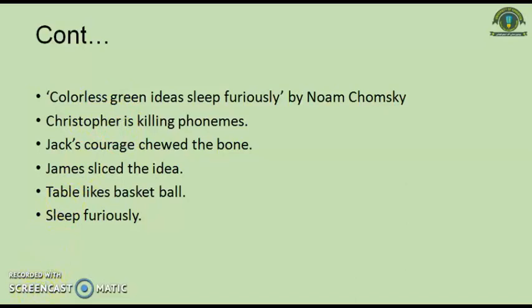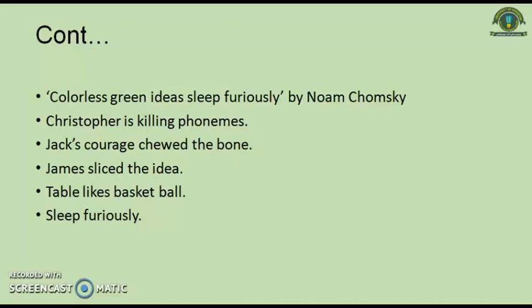In the second example, "Christopher is killing phonemes." The meanings of the predicate kills and phonemes cannot be combined in this way. So anomaly involves the violation of selectional restrictions. So here is another violation of semantic rules. Same is the case with other examples.